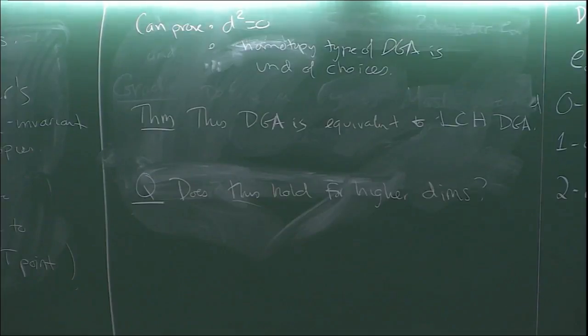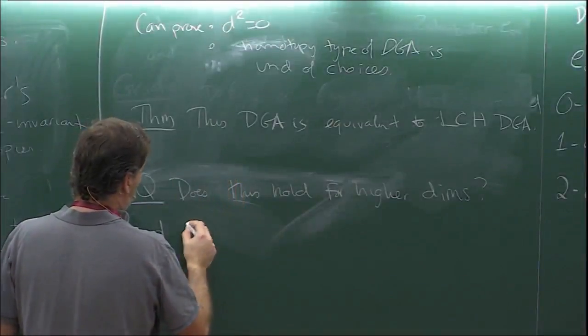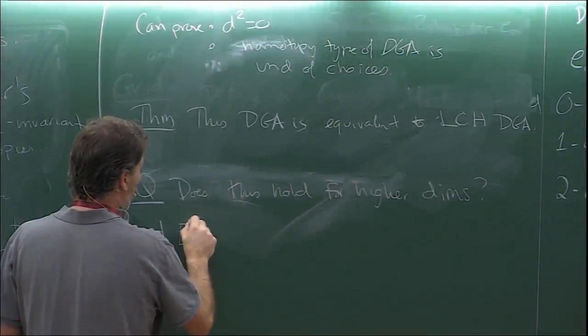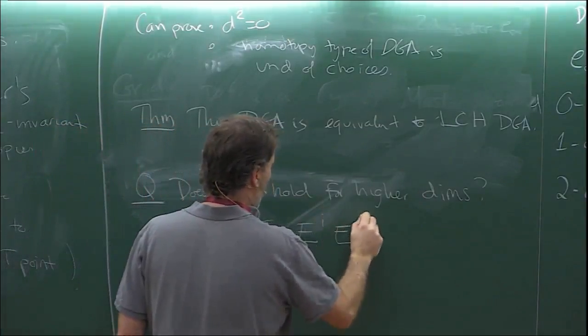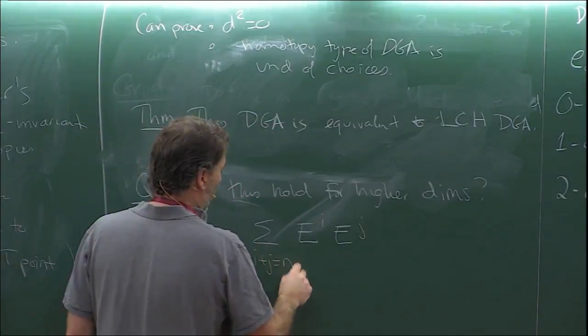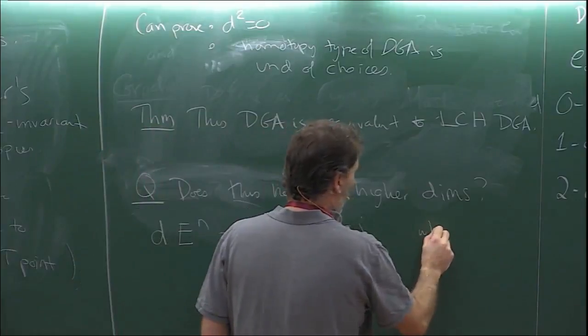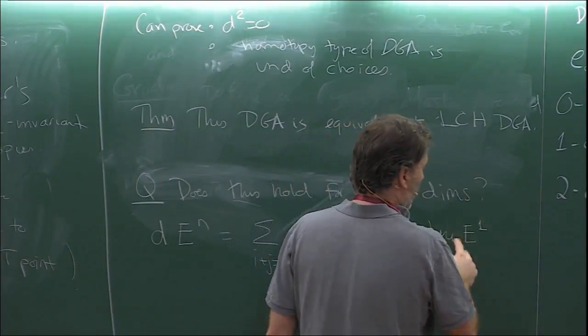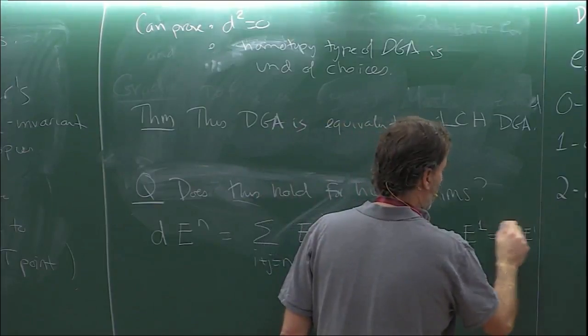And you just write down the equations where basically, it would look something like, d of some, I don't know, what letter do I still have left? D of some n cell is equal to summation e_i e_j, where i plus j equals n, with the exception where e_1, if it's a 1 cell, you replace it by I plus e_1.